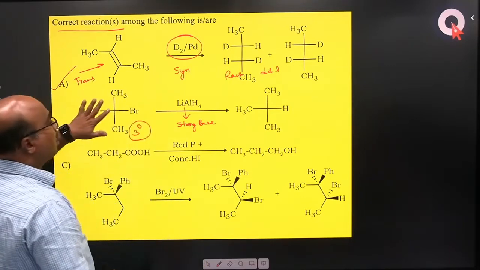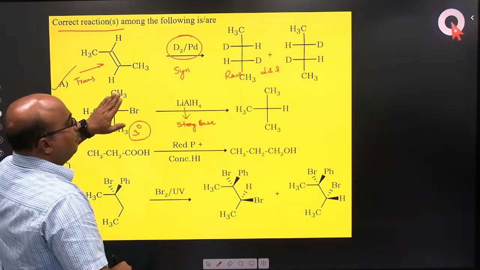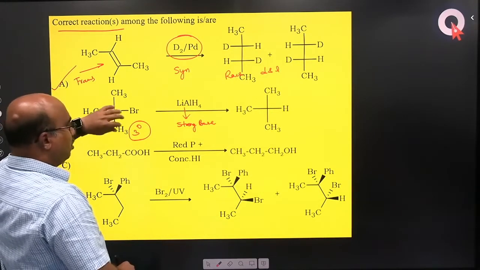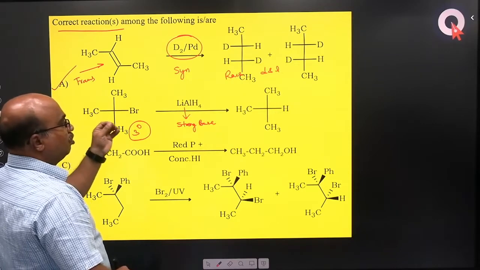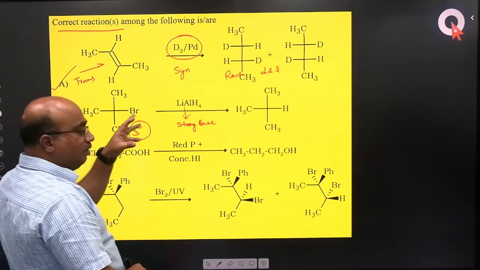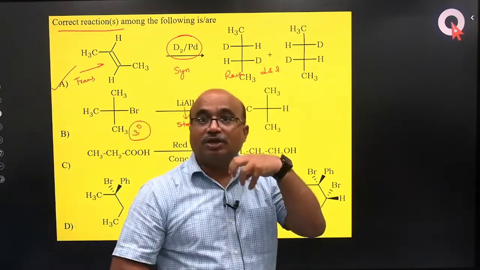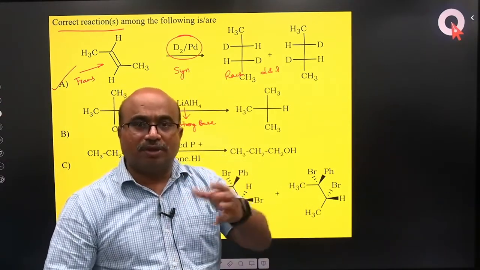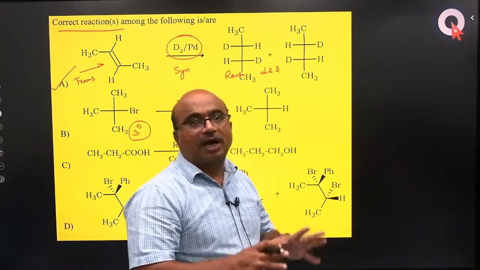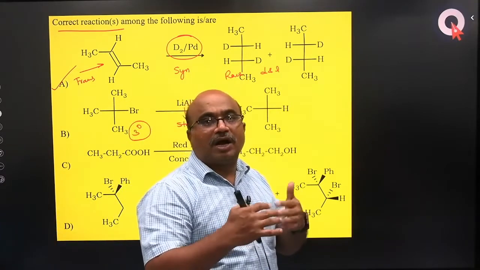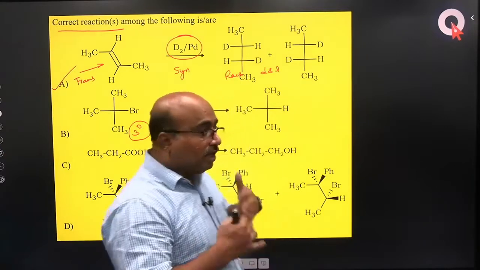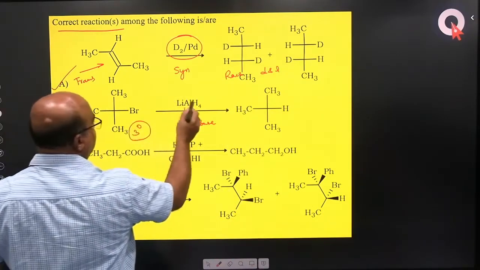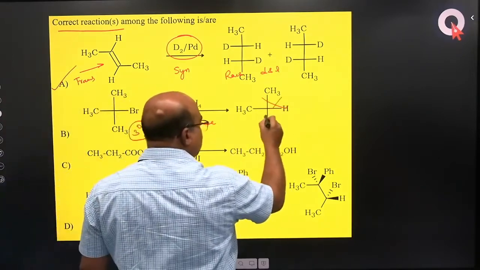With tertiary alkyl halides, substitution is not possible here. Tertiary will give substitution reaction only under neutral conditions, meaning when you use water, you can replace Br with OH, or with alcohol, we can replace the halogen with OR. That is only possible with the tertiary. But tertiary alkyl halide with lithium aluminum hydride will actually give alkenes.